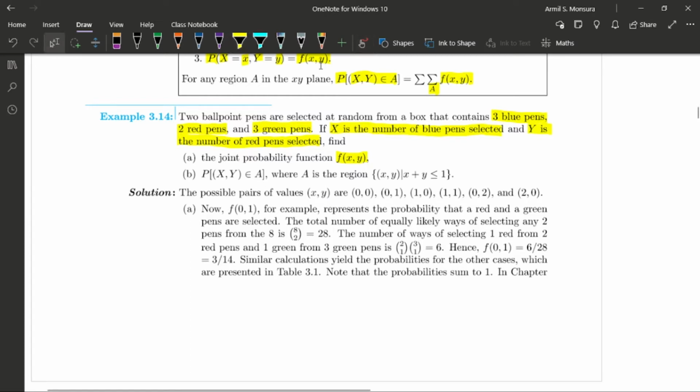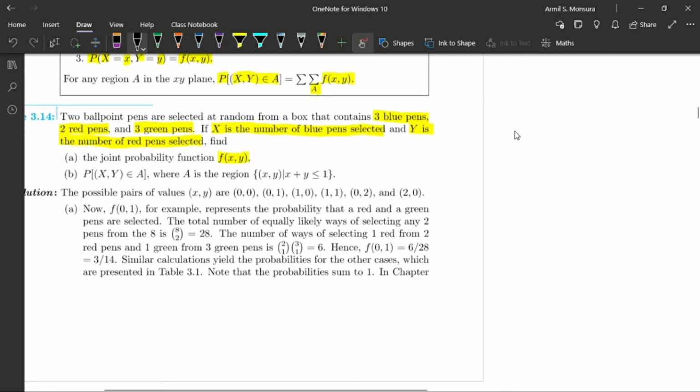So we take note first of the following. If x represents the number of blue pens selected, then the possible number of blue pens to be selected may be 0, 1, 2, or 3.